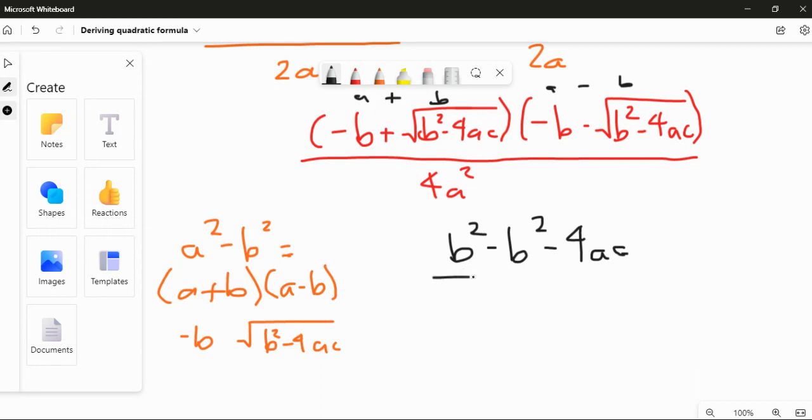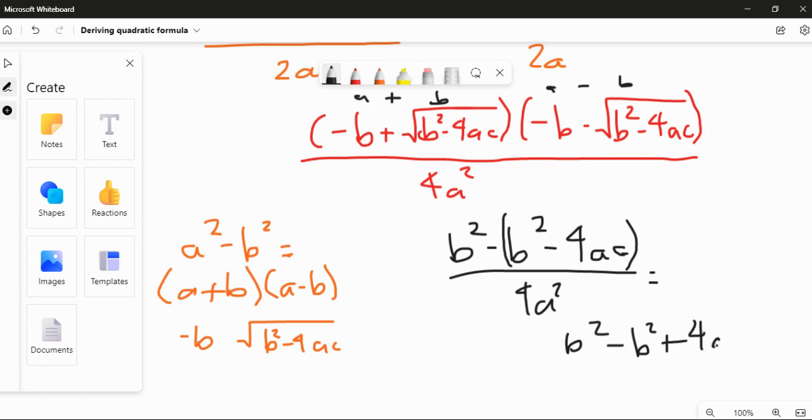Now all over 2a squared. We shouldn't forget about the all over part since it's pretty important. Wait, I messed up. So we're subtracting b squared minus 4ac. If you forgot to put that in parentheses, then you get a plus. So when we do this, you'll get b squared minus b squared plus 4ac.